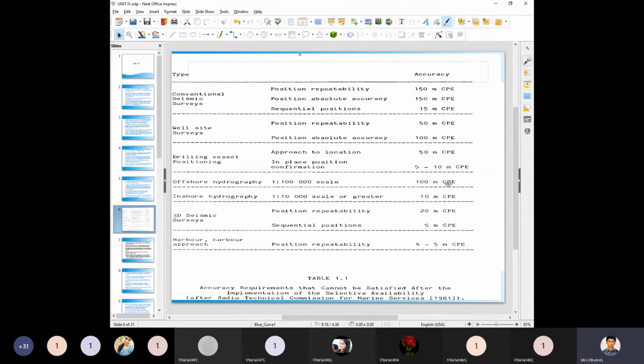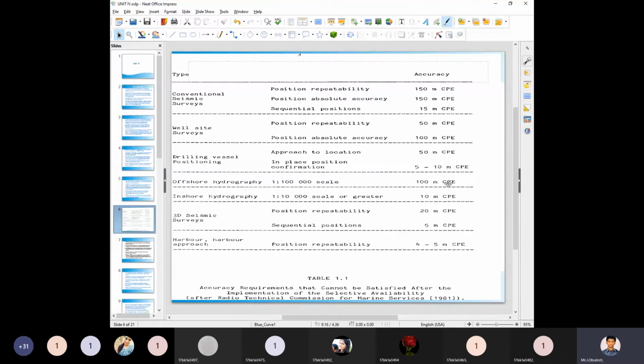CP is nothing but circular probable error, you need to remember that. For position absolute accuracy, it is 150 meters. The sequential positions accuracy is 15 meters.